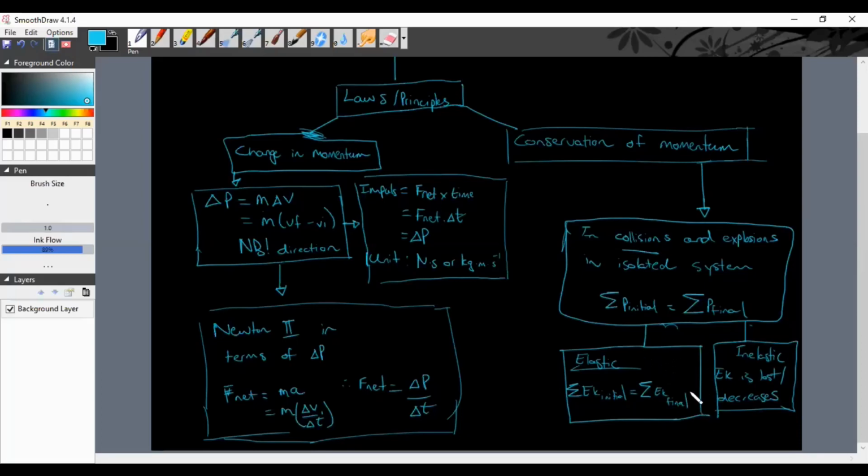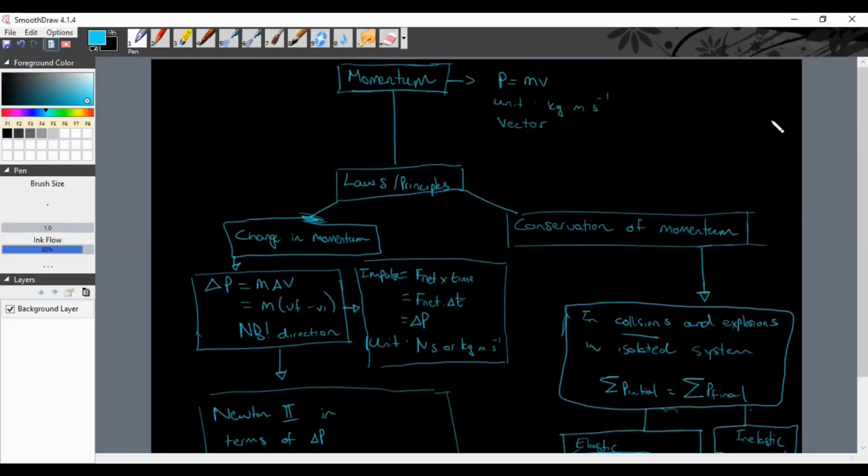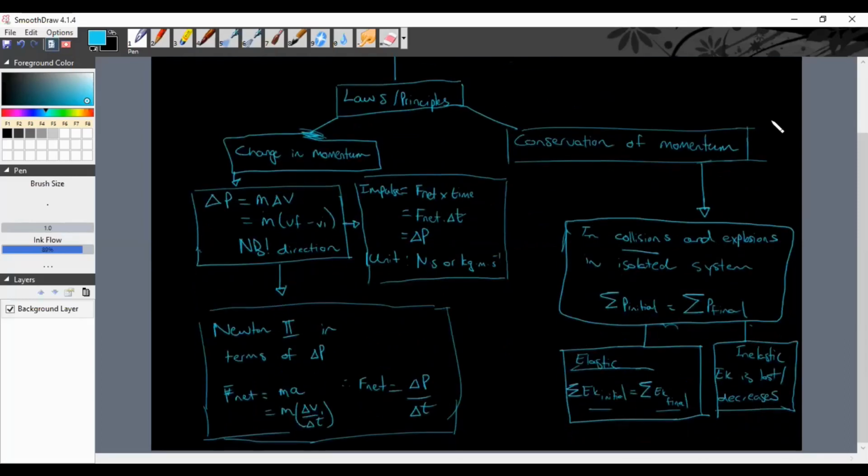If these two here are the same, we know that kinetic energy is conserved, it is not lost. We know the collision is indeed an elastic one. I just picked up I spelled impulse incorrectly. If there is a decrease in the kinetic energy, that means the collision is inelastic. Obviously, we want elastic collisions because we want to conserve everything. And that, ladies and gentlemen, is the entire momentum topic in a mind map.